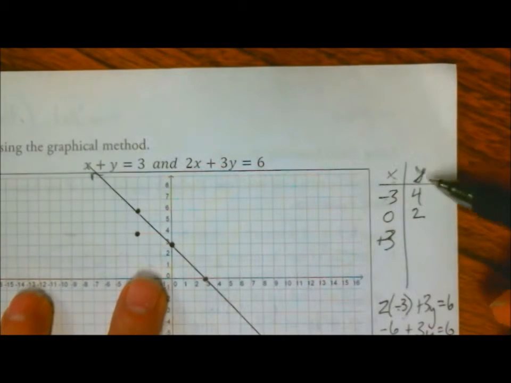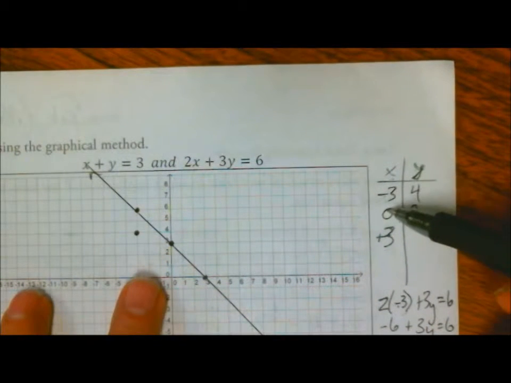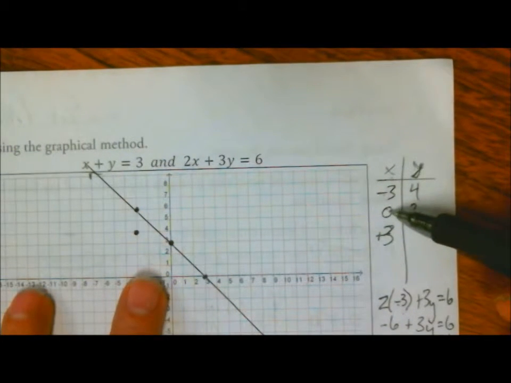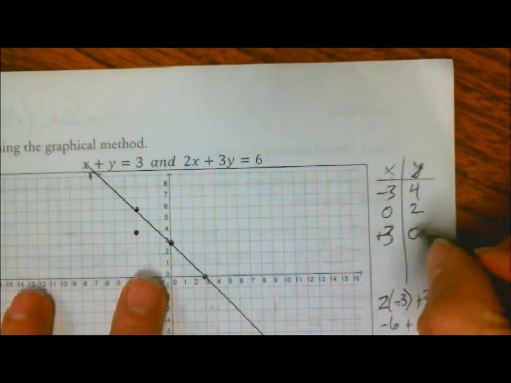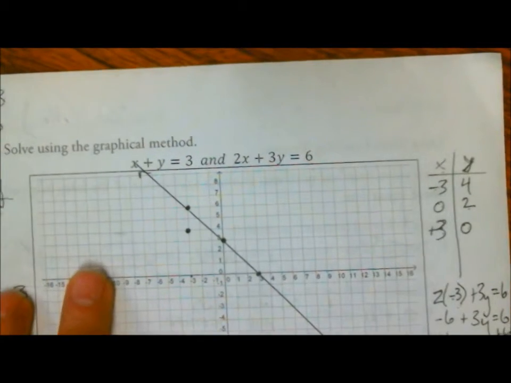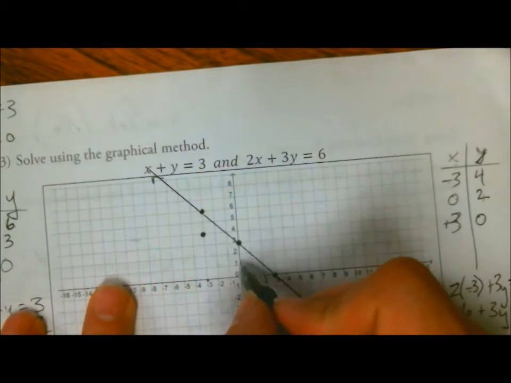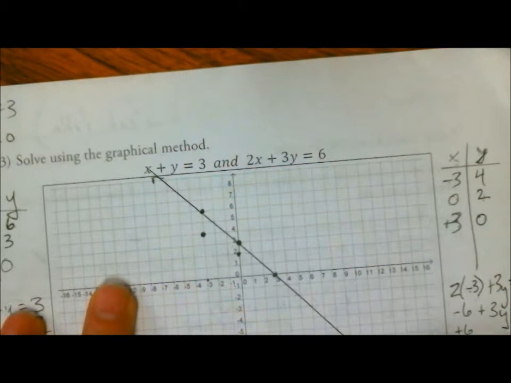Now you'll notice the pattern here. I went from negative 3 to 0 on the left side and went down by 2 on the right side. I go up by 3 again. I'm going to go down by 2 on the right side. Let's plot these two. 0, 2 gives me this point.